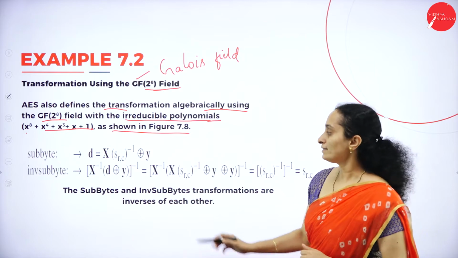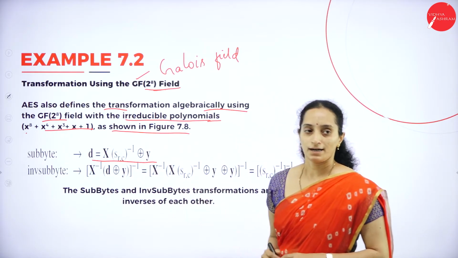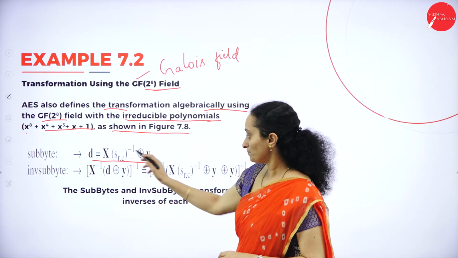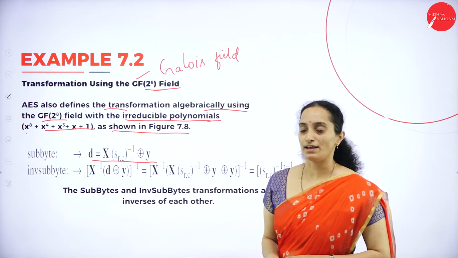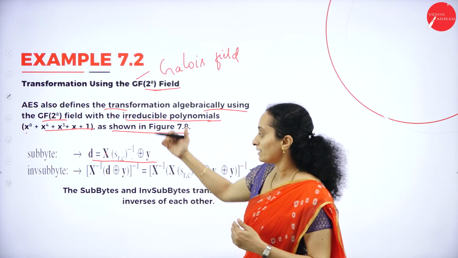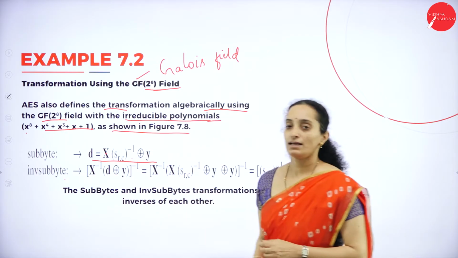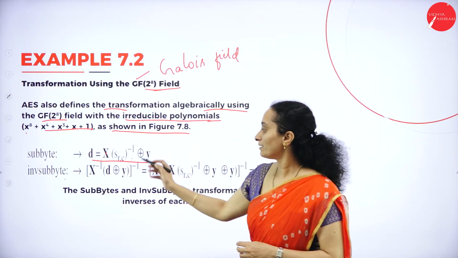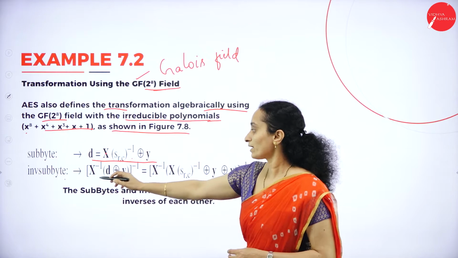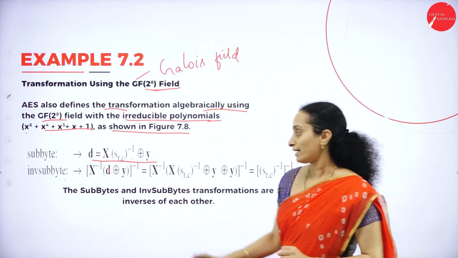So this can be shown in this diagram. We use the substitution table matrix with row and column with x and y values to the power of -1, and inverse sub byte will reverse or find the complement of this. That is x to the power of -1 XOR y.